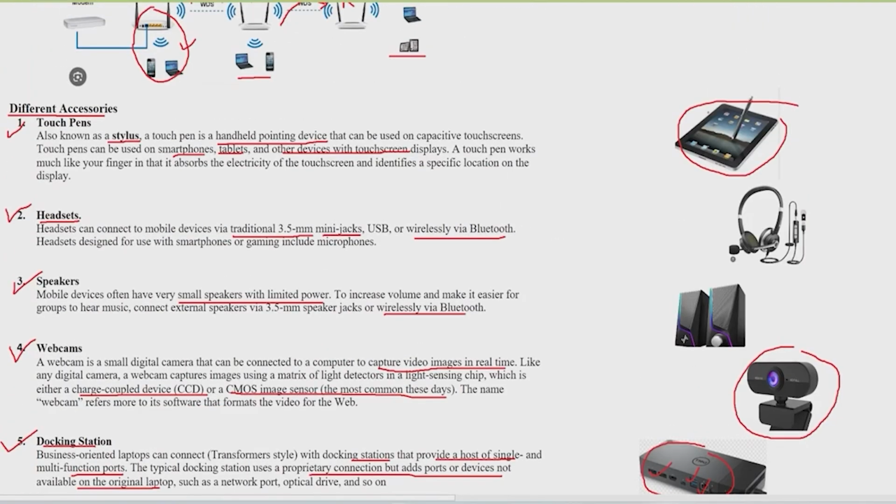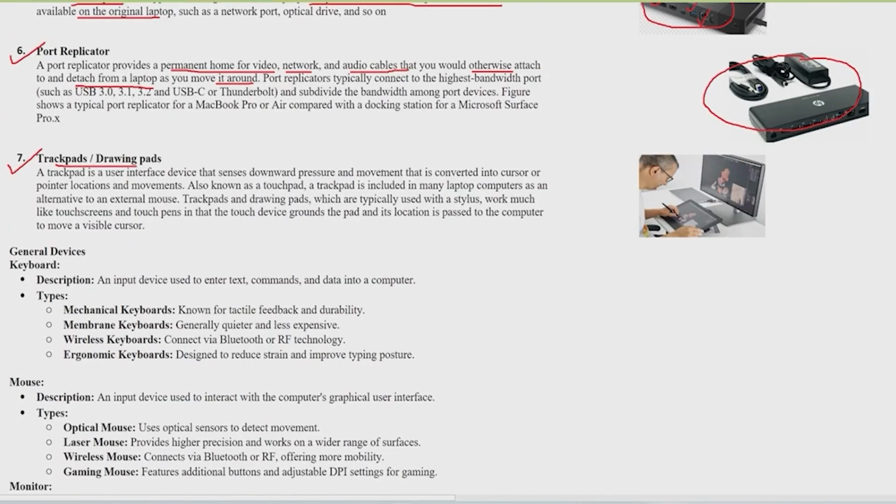Track pads and drawing pads, we already know if we are using these kinds of devices. These devices are required if you want to draw something, or if you want pressure sensitivity converted to cursor and pointer locations and all that. These kinds of devices are used by YouTubers nowadays. They are delivering lectures, but they cannot write as I am drawing by OneNote.